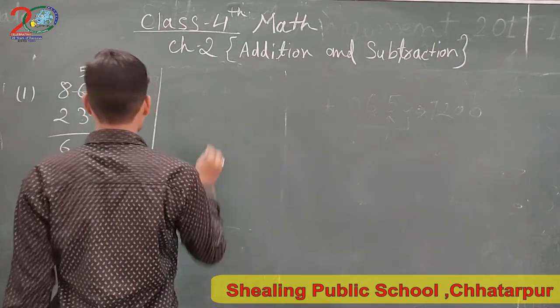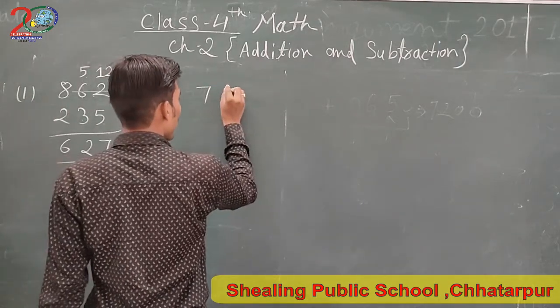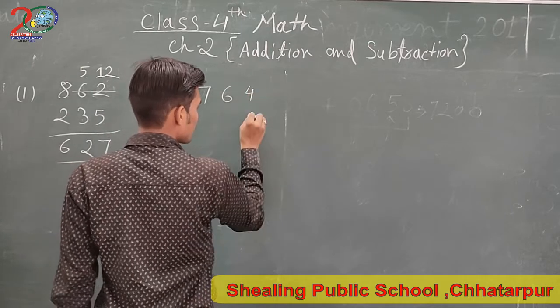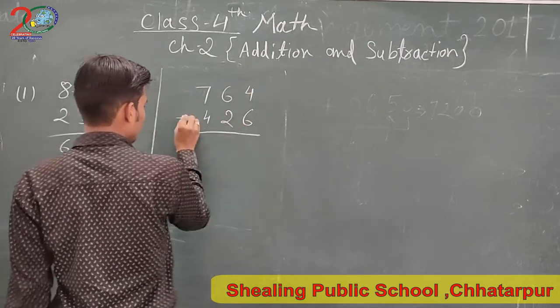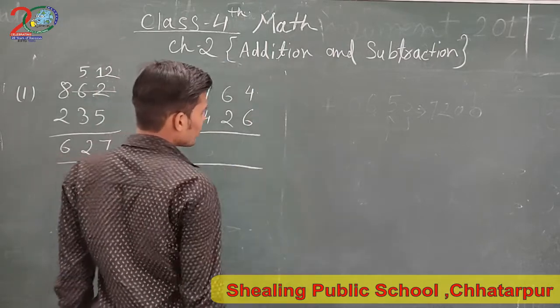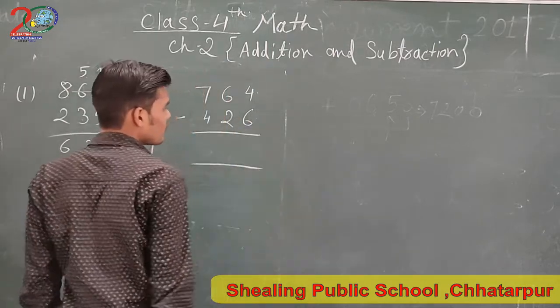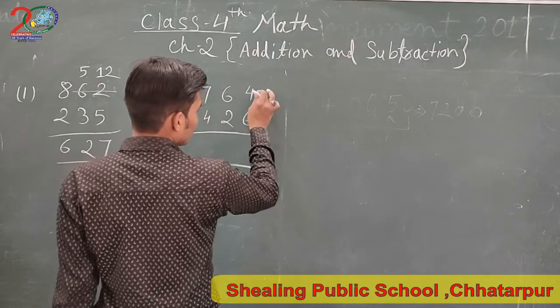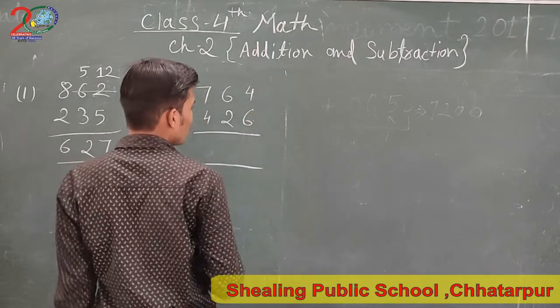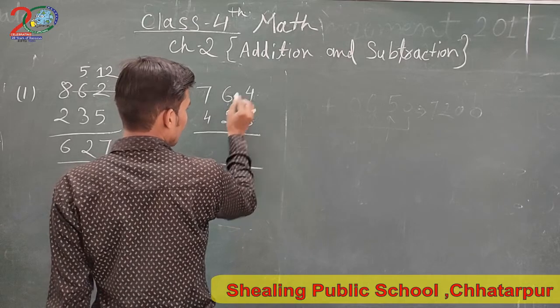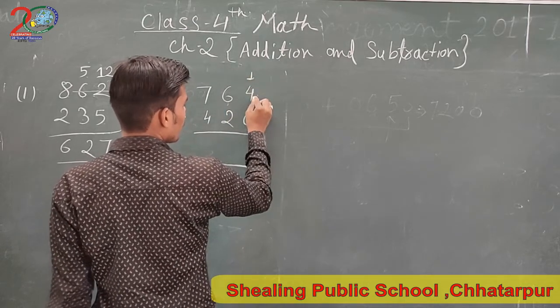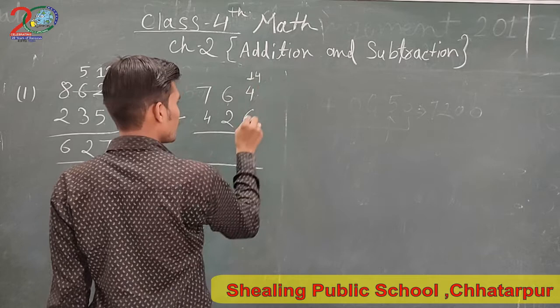One more like this. Here also we don't subtract 4 from 6. We don't subtract 4 by 6 because 4 is less than 6. So we take the carry from 6. So 1 carry and 4 is present here. So here is 14.